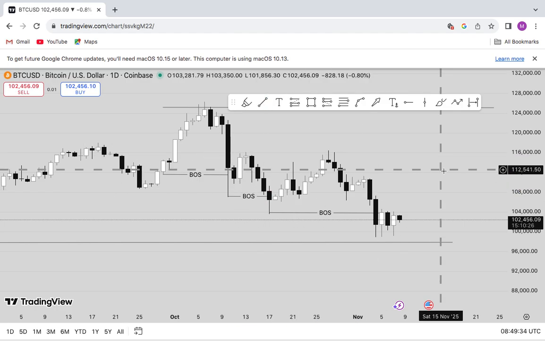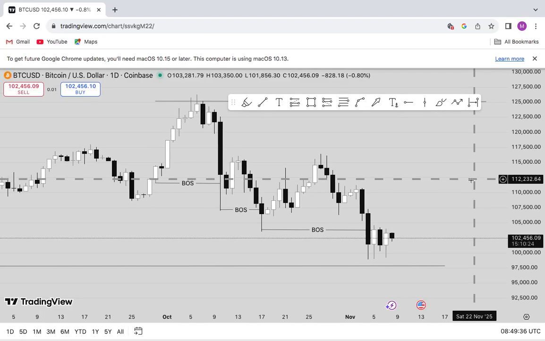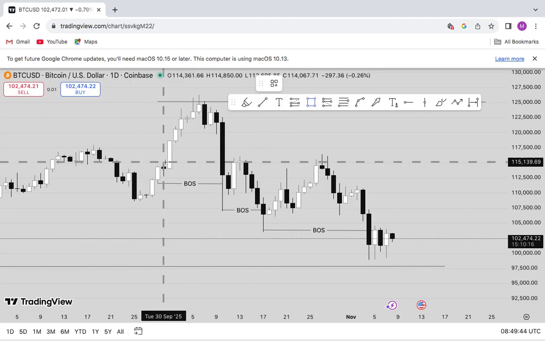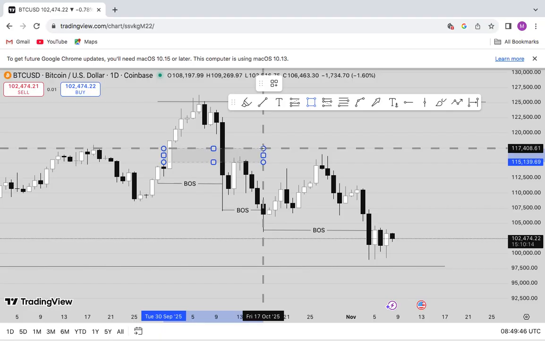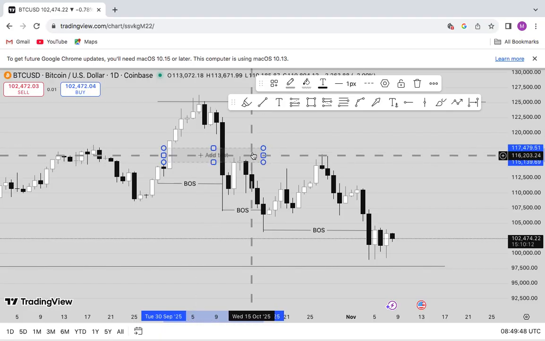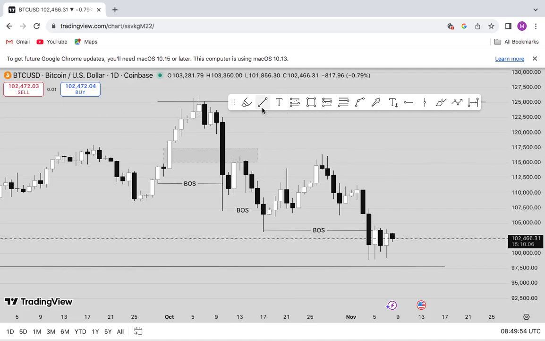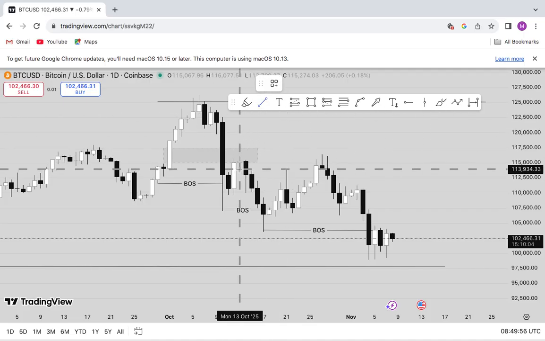Okay. So what am I looking at? So at this area here, we had this inverted fair value gap slash breaker. So I'm going to mark out this inverted fair value gap we had here. Price came, took out the liquidity, gave us a balanced price range. So we had a balanced price range at that inverted fair value gap, and here price came all the way here to take out this order block.